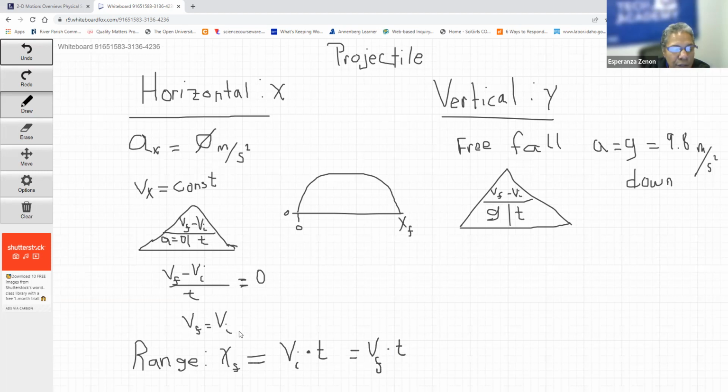Because VF and VI are always equal, right? So it doesn't matter which one of those you choose. Okay. Now, what you have to keep in your mind is that this T right here is the same T right here, because the time is the same for both of the motions, right? Because you can see here that this projectile moves vertically, right?